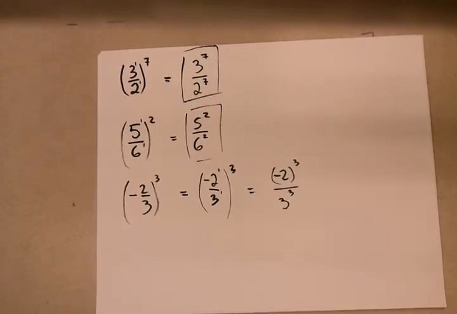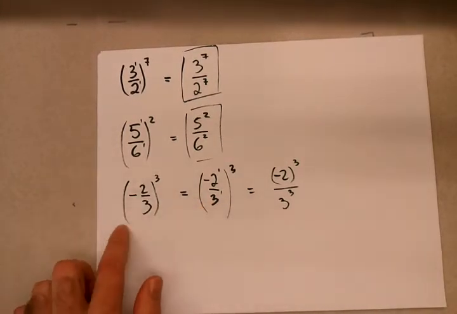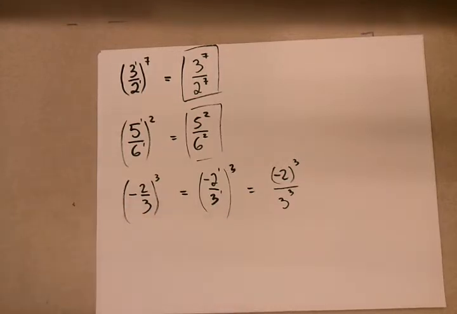All we did was rewrite the value here with the fraction, with the negative jumping up to the numerator. Again, it can go to the denominator as well, so you could have had a -3 cubed instead and had a +2 cubed up top. But the convention is to move the sign up top. You don't want the negative in the denominator if you can help it.